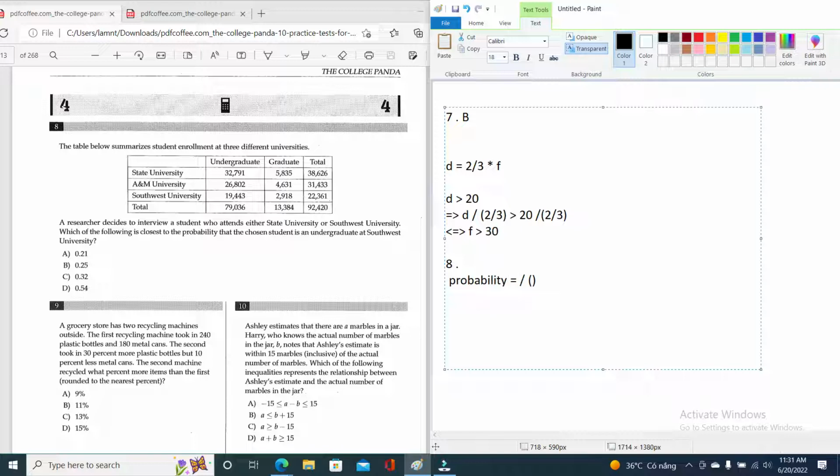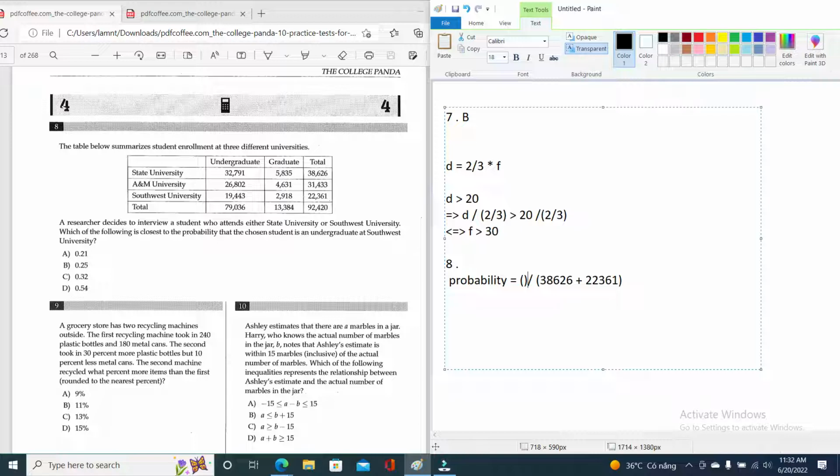It's going to be equal to something that we have to count, divided by all the students of State and Southwest University, which is 28,626 plus 22,361. And we divide this into the section that we desire.